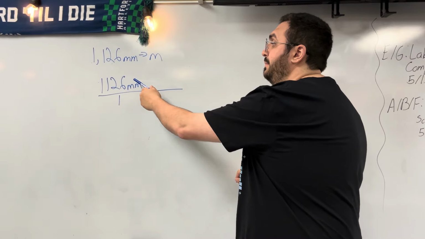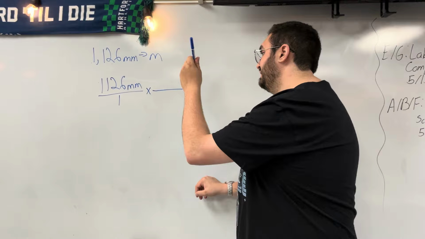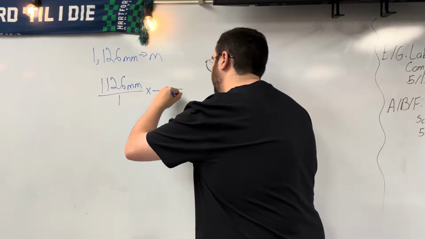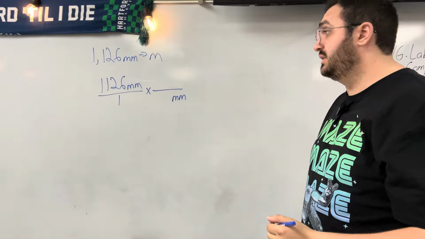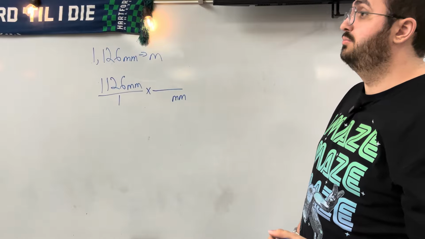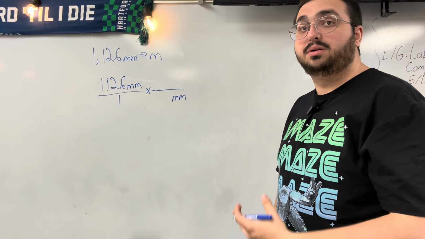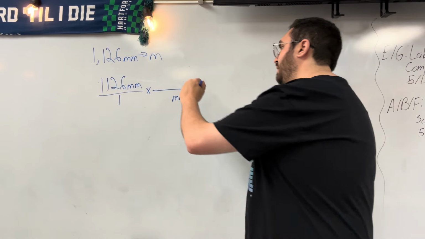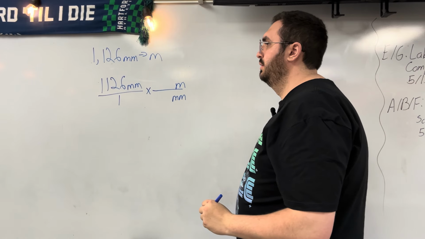In this case, millimeters I want to get rid of is on top, so it will go down on bottom right here. If I have a direct conversion, I can go directly to what I end up wanting to be in. In this case, I do. I know how many millimeters are in a meter. So I can write meters right up there.